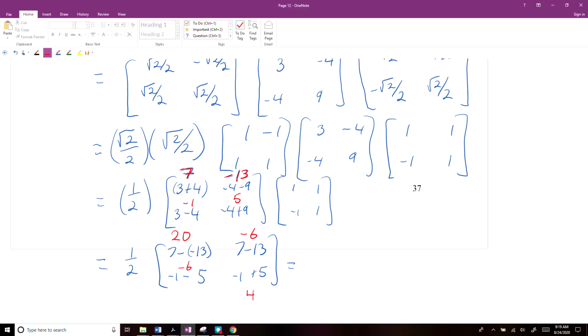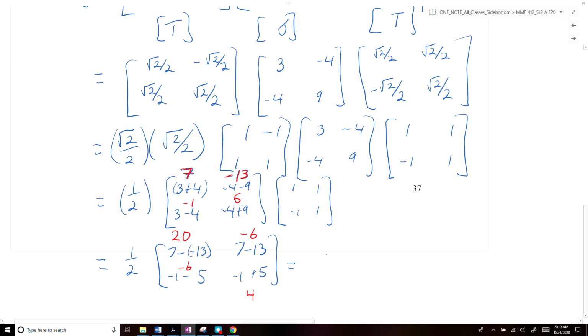We multiply all those terms by 1/2. So we end up getting our final stress matrix equal to 10 kpsi, minus 3, minus 3, and 4 kpsi.